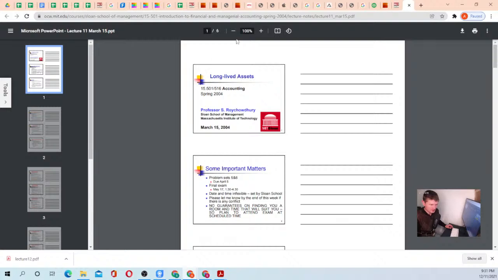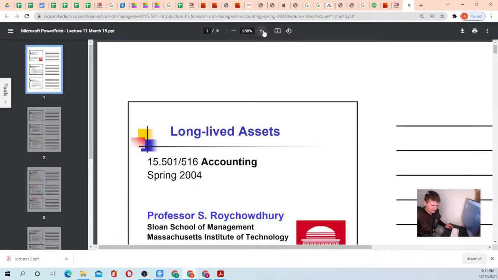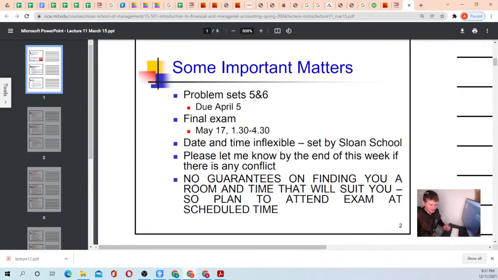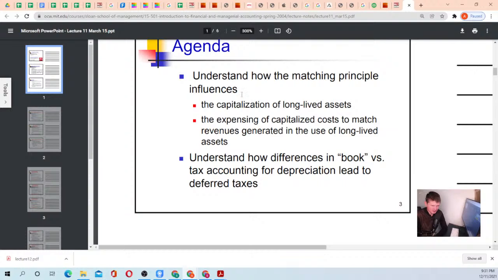In the first part, we reviewed the information related to capitalization of long-lived assets, why we need to capitalize those. Mostly we need to capitalize long-lived assets because we want to match the costs related to those assets to revenues generated by those assets, and that matching will happen over several years.